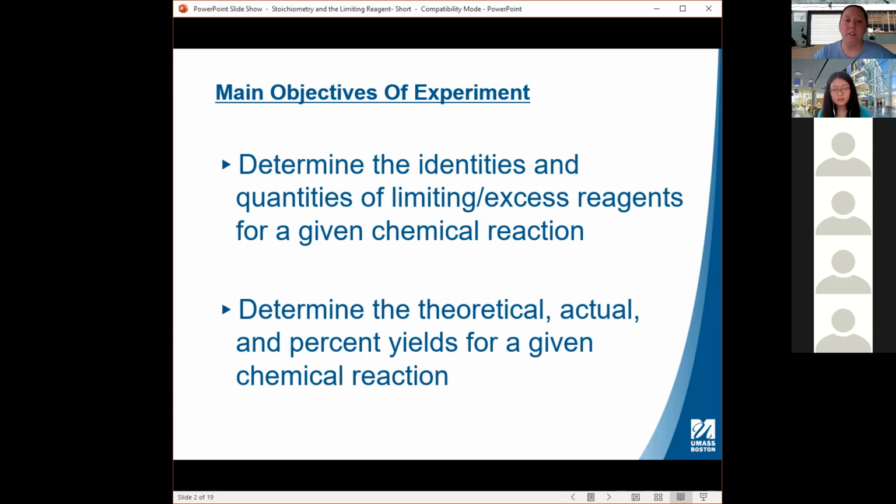Based on the theoretical yield, how much we could have made, versus the actual yield, how much we did make, we can figure out the percent yield. The percent yield is the actual amount divided by the theoretical amount. Essentially, what percent of the theoretical amount did we actually make?